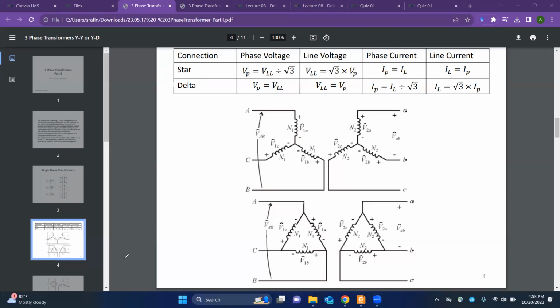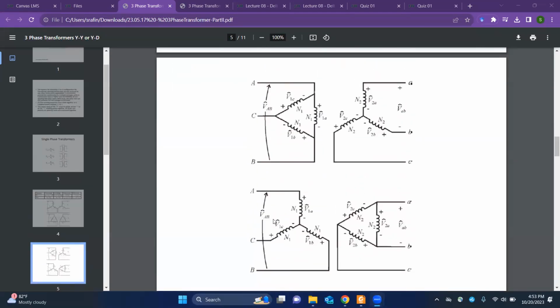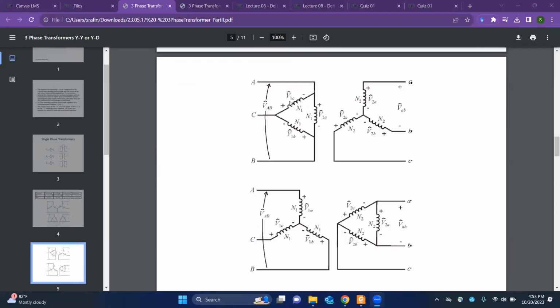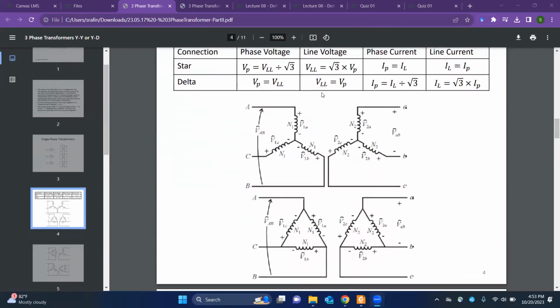So that's all for the theoretical part. Now I'll talk about some other connections, like the delta connection. For the primary side, it could be this way also, but in today's class we are not going to talk about this topic. We will focus more on these two.